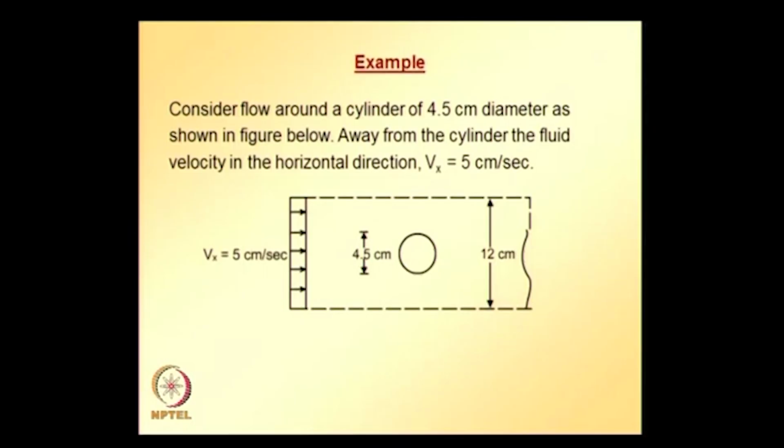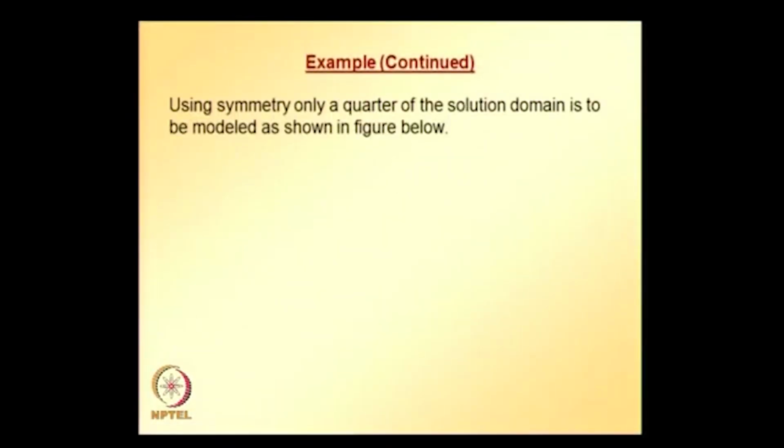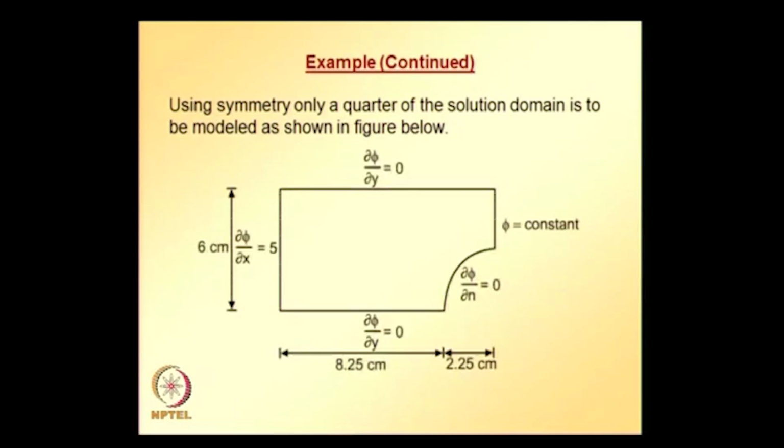Again only a quarter of the solution domain needs to be modeled because of symmetry, and the boundary condition on the left vertical face is the partial derivative of potential with respect to x equal to 5, because Vx, the fluid velocity in the x direction at that location, is already given in the problem statement. This is because of the assumption of uniform flow in the x direction.